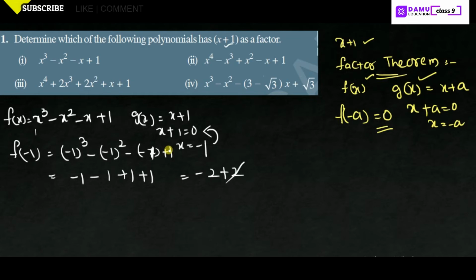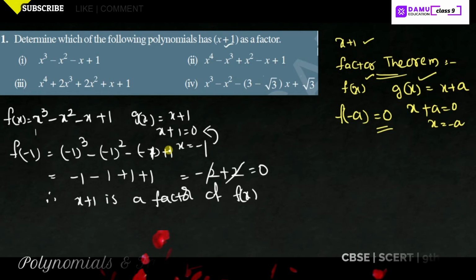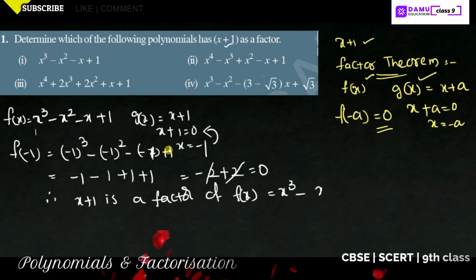So minus 1 minus 1 plus 1 plus 1, so minus 2 plus 2 will go to 0. Therefore x plus 1 is a factor of f of x, that is x cube minus x square minus x plus 1. Yes, it is a factor. Like this we need to solve.